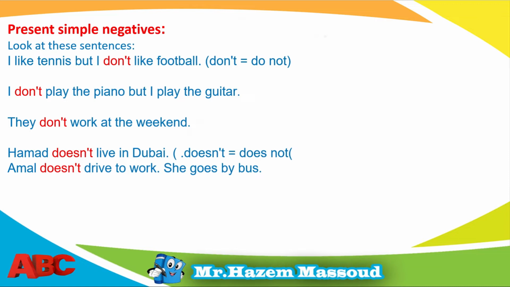So look here, when I want to put the present simple in a negative form, I add the word don't or the word doesn't before the main verb, or before the base form of the verb.